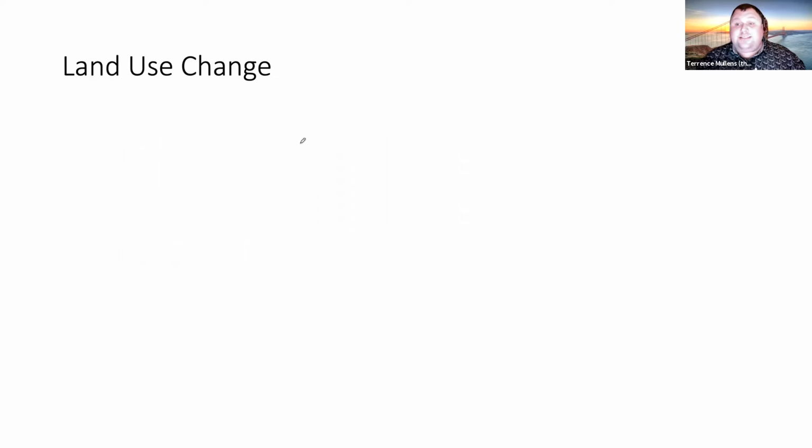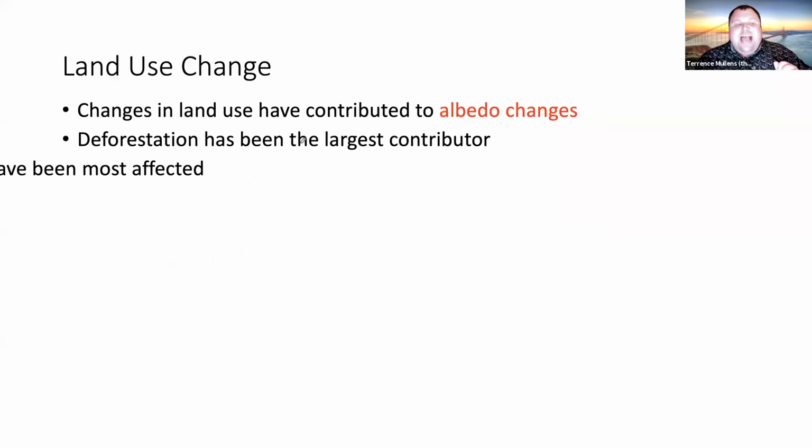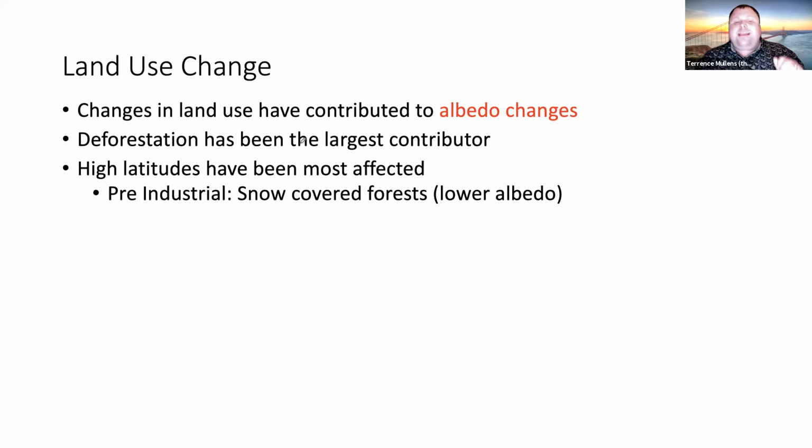Land use changes include things such as deforestation and urbanization. Believe it or not, the net human impact has actually been an increase in albedo. Here's why. I actually experienced this this past week. I drove through the mountains.